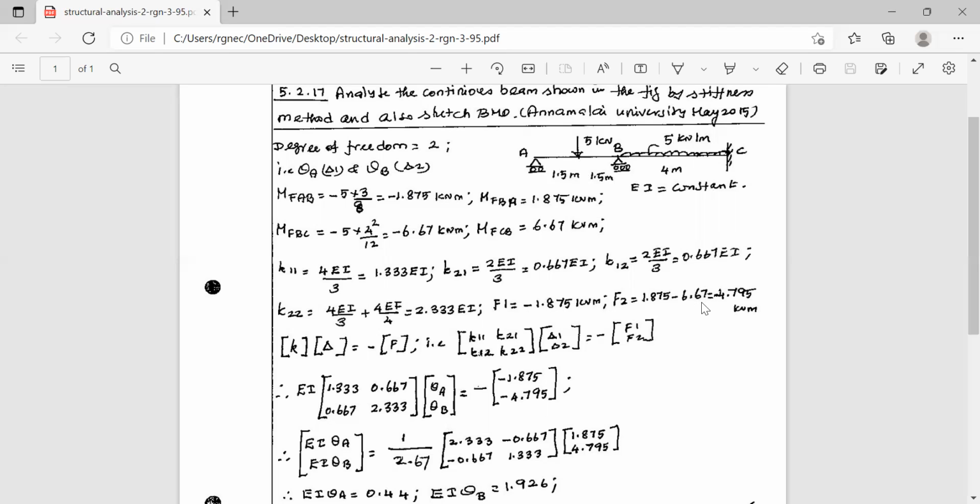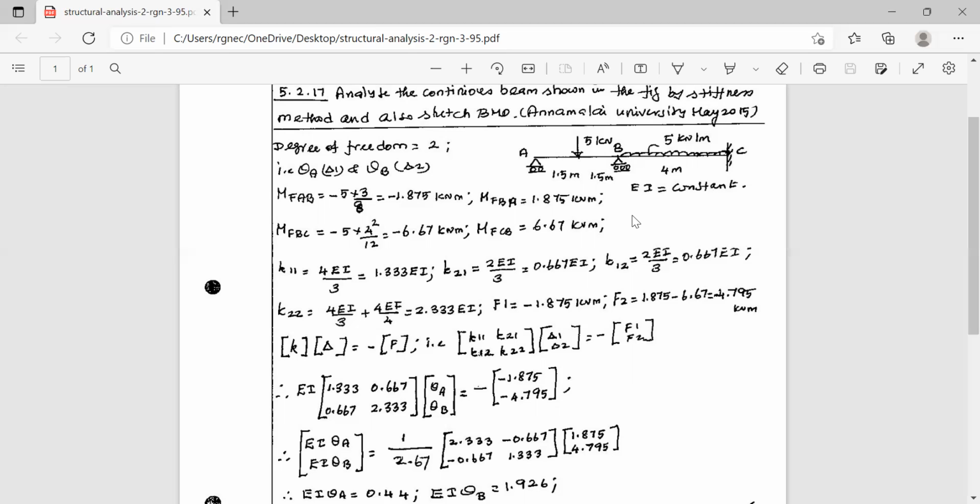Similarly, F2 means displacement number 2, that is theta B. There are two moments. One moment is 1.875 and another moment is minus 6.767. So it is minus 4.795. These are the two unbalanced moments introduced because of the assumption made as if the beam is a fixed beam.